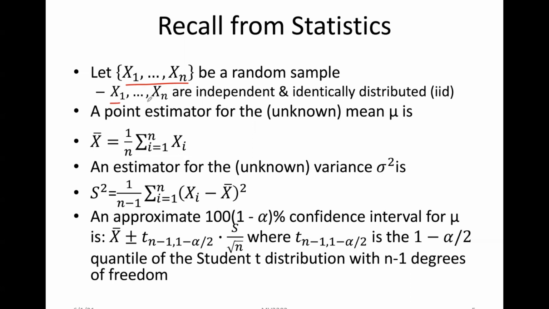So stepping back a little bit, if we have a random sample of whatever kind, however we get it, our point estimator for this true but unknown mean, mu, is the simple sample average of them. This is something which should be review. And furthermore, an estimator for the unknown variance is this.